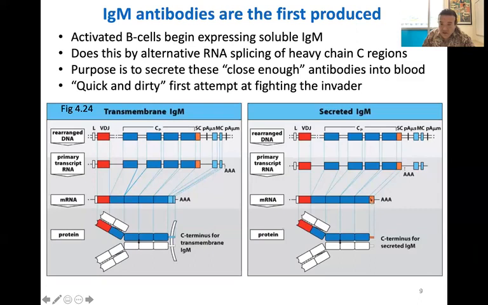This orange part is just the end of the stem that no longer anchors it to the surface of the cell. So this form of the Ig now can float away from the cell. This is the secreted IgM form. In other words, this is the antibody form of this IgM.